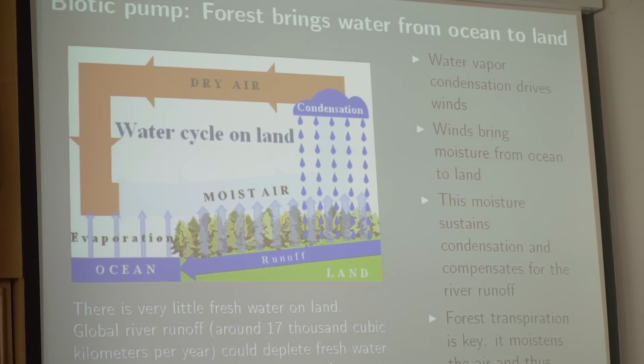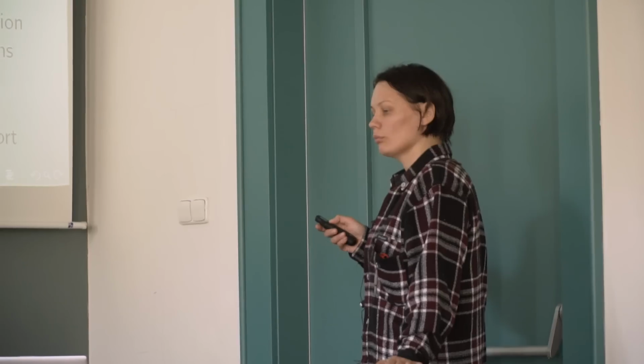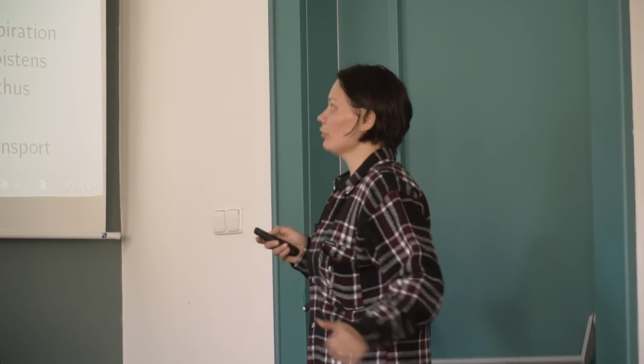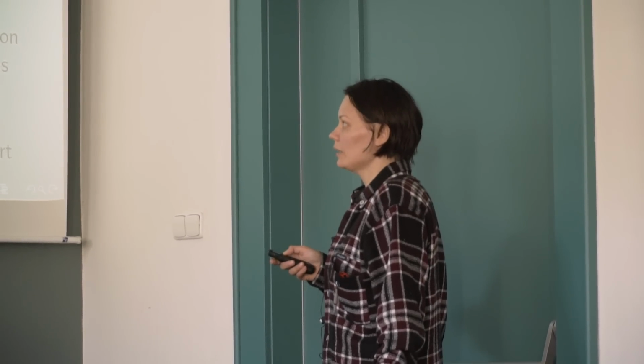And so the biotic pump is a concept which says that if we have natural forests on land, we have this moisture inflow, which is stable and sufficient for life to exist and to replenish the moisture losses to runoff.